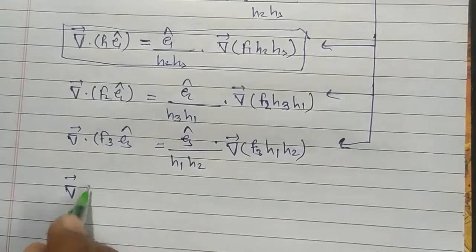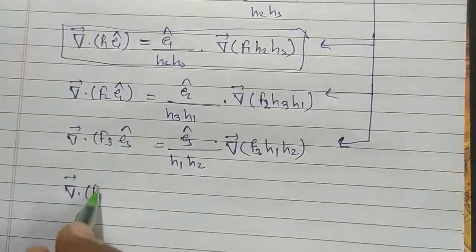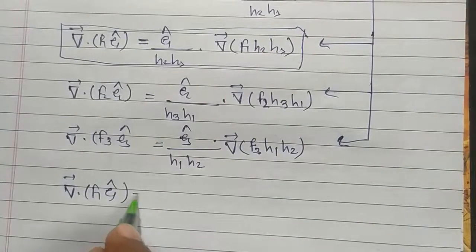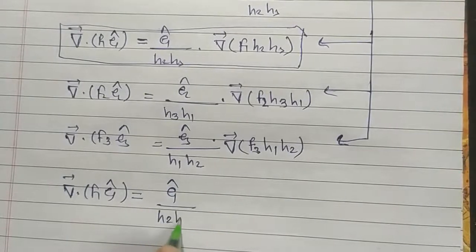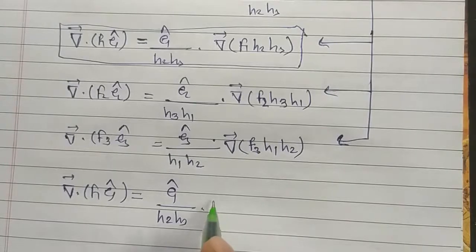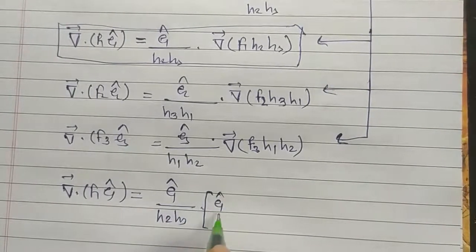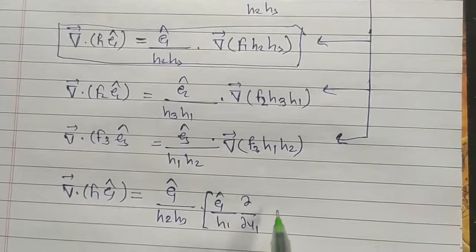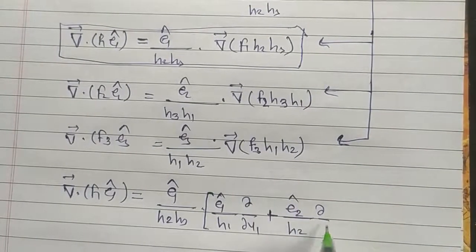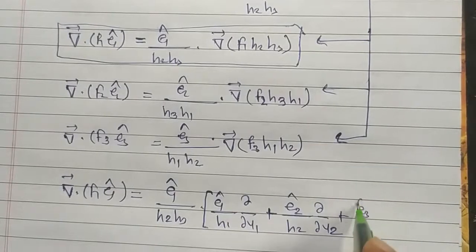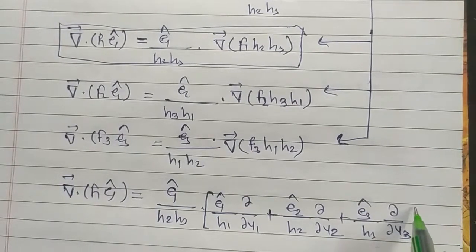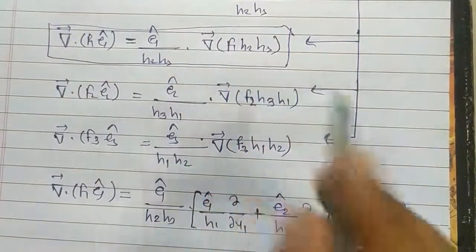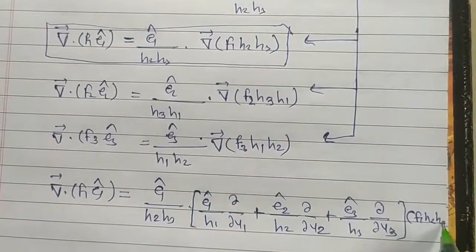So del bar dot f1 e1 cap, I'm carrying this here, is equal to e1 cap upon h2 h3 dot, now I will put e1 cap upon h1 ∂/∂u1, this is the value of del bar, plus e2 cap upon h2 ∂/∂u2 plus e3 cap upon h3 ∂/∂u3, and this is operating on f1 h2 and h3.